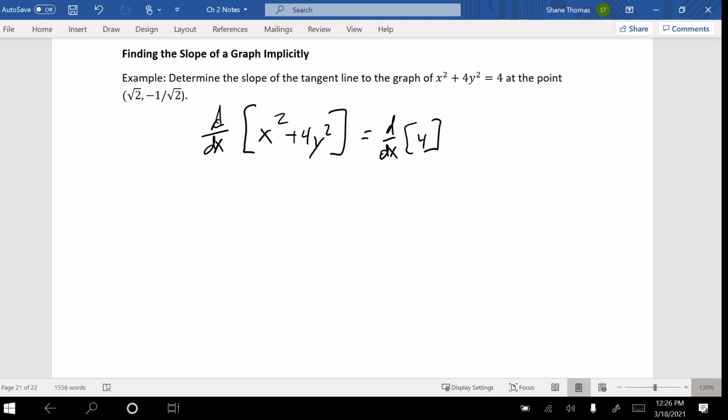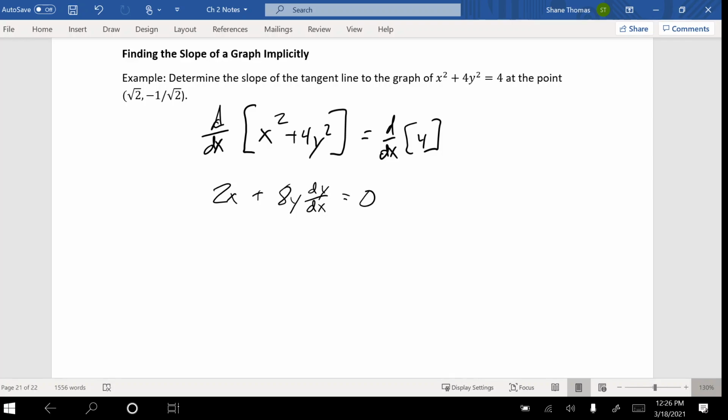All right, these ones are individual terms, so this one shouldn't be too bad. What's the derivative of x squared? 2x. What's the derivative of 4y squared? Perfect. 8y dy/dx. What's the derivative of 4? 0.